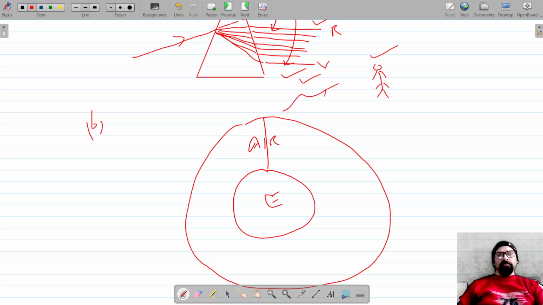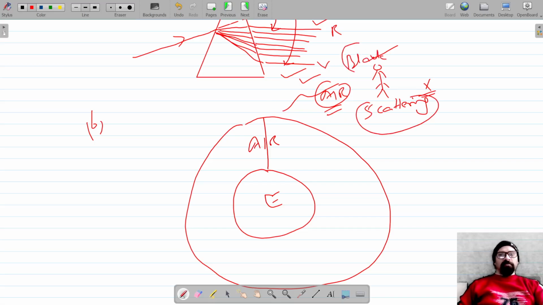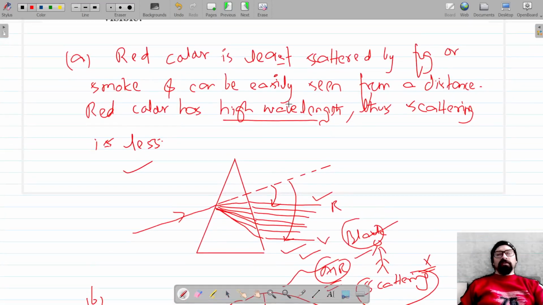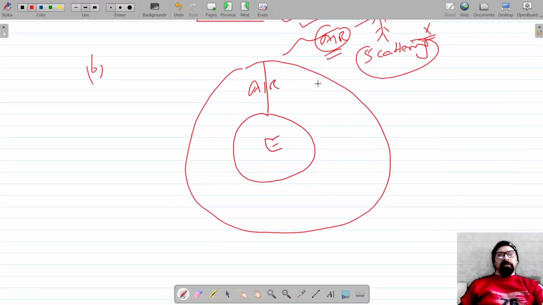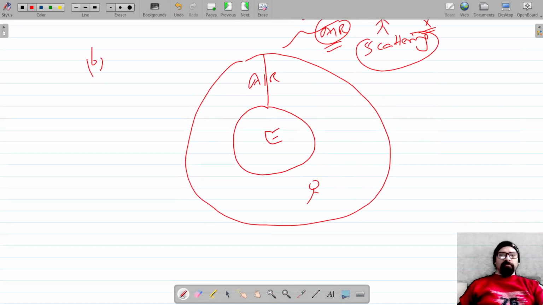In between there is no air, so scattering is not possible. The particles of the air will not be able to scatter any of the colors, and hence the sky will appear black. For us it appears blue because we are viewing the sky from the surface, and in between there is air.